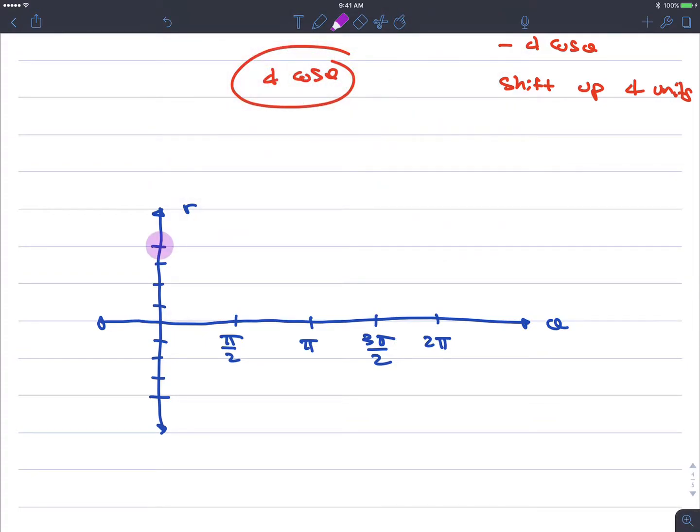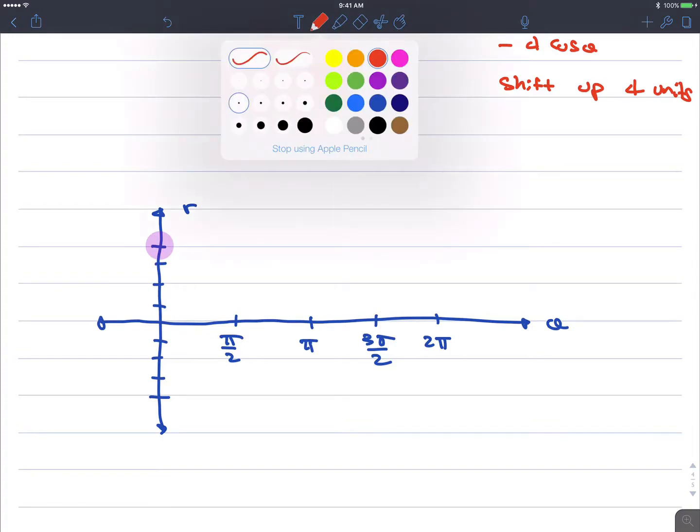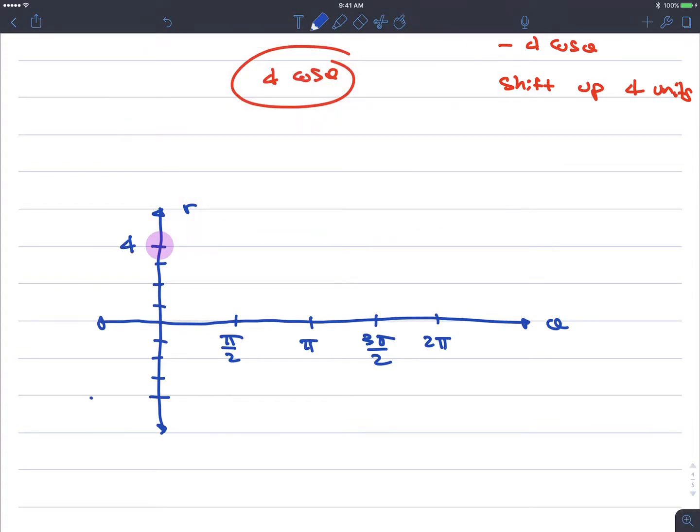Up here? Is that true? And notice my amplitude. Positive 4, negative 4. So I start there. Then I go down to pi over 2. And then I go down here to negative 4, back at 3 pi over 2 here. And then I'm up back at 2 pi. Isn't this my cosine curve? You guys okay with that? And that's positive amplitude, or I should say 4 cosine theta.